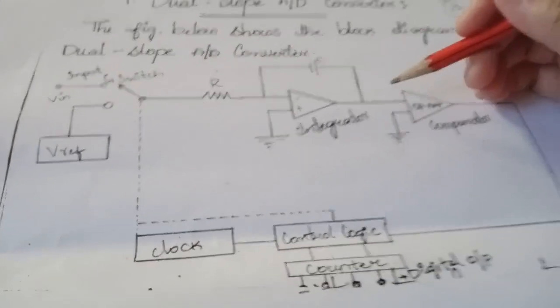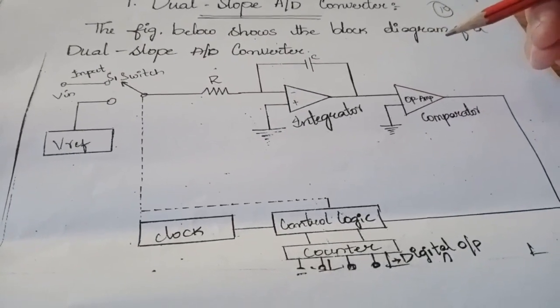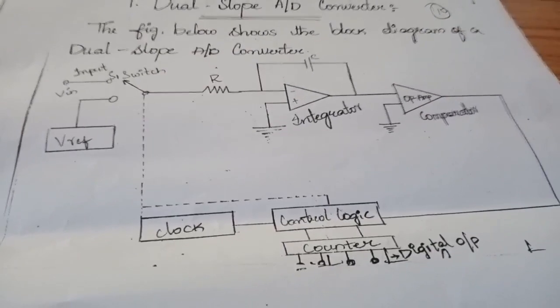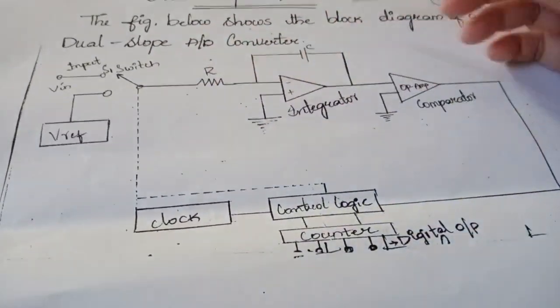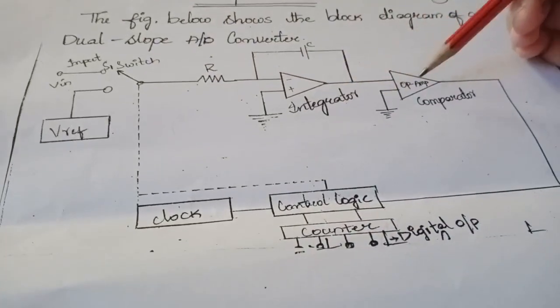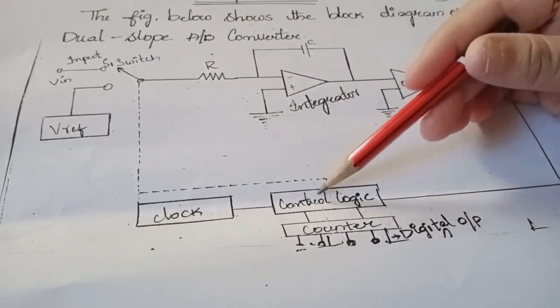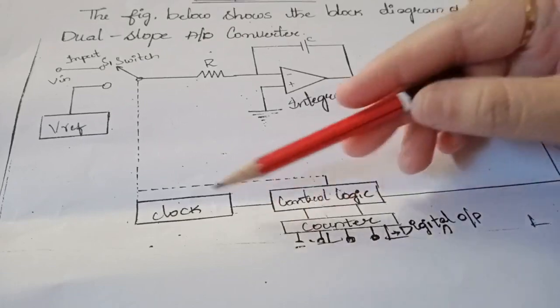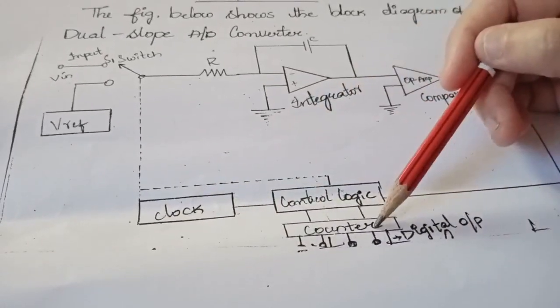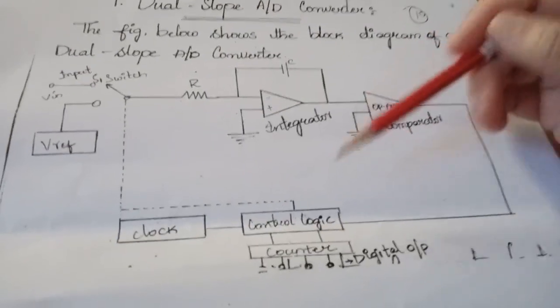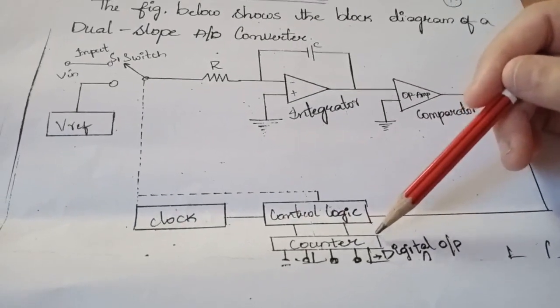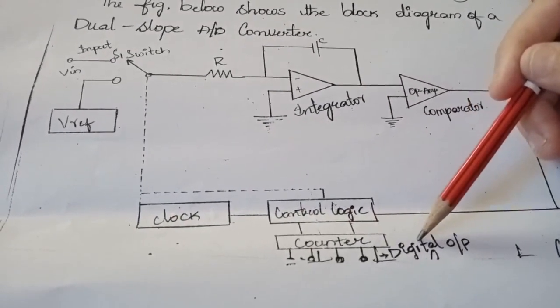Now this block diagram consists of different blocks. The first one is the switch, then integrator, comparator, control logic, clock, and counter. The counter is nothing but the final destination, like the final output, because the counter gives only digital output.